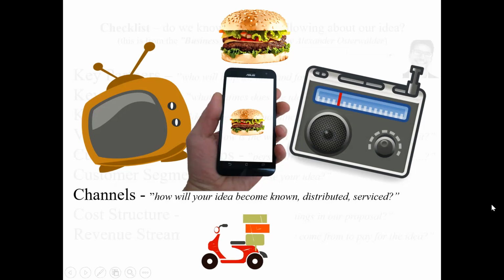And the next thing might be that perhaps we have radio commercials, perhaps we have TV commercials. Another thing is we might have a delivery service, or we just have a perfectly normal restaurant with tables where people sit and eat. So even the tables, in a way, are channels for us to reach our customers.